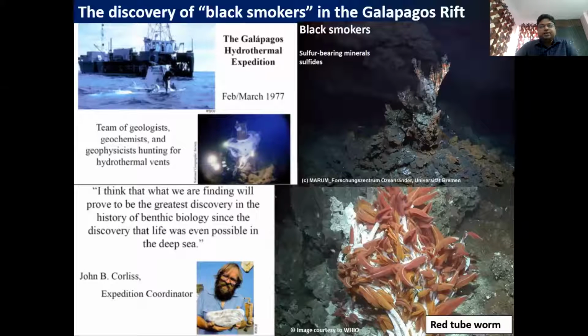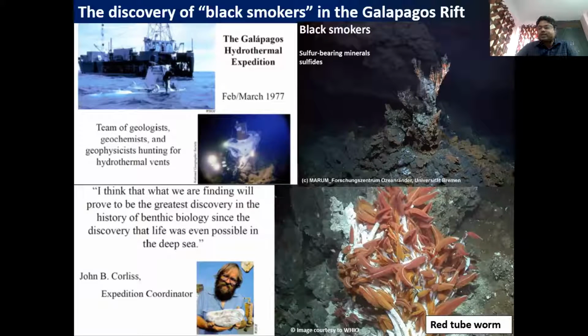In 1977, this Galapagos hydrothermal expedition was conducted, and for the first time, scientists found the presence of black smokers. Black smokers are nothing but hydrothermal vents in the ocean floor from which these black-colored smokes come out. They have huge geological significance, because they are rich in many minerals, sulfide-bearing minerals and all these things.